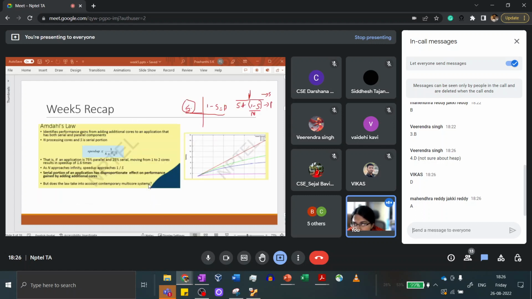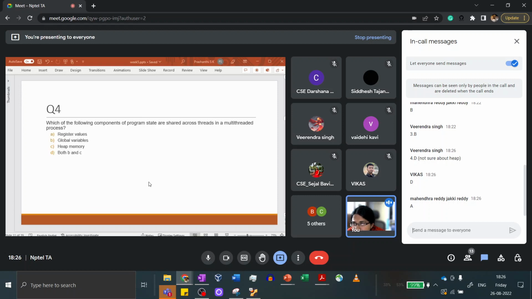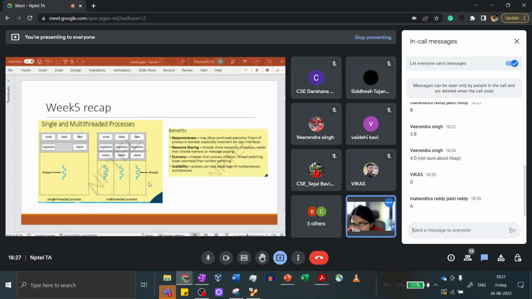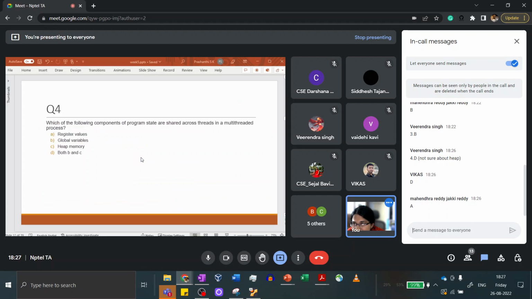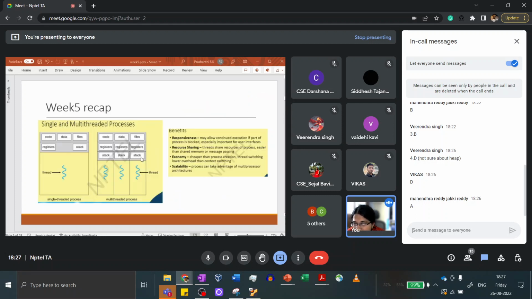So yeah, let's look at the question once more. Which of the following are shared? Register, global variables, heap. So registers are not shared, as you can see, they are separate for each thread. And the global variables, which are in the data section, are shared.